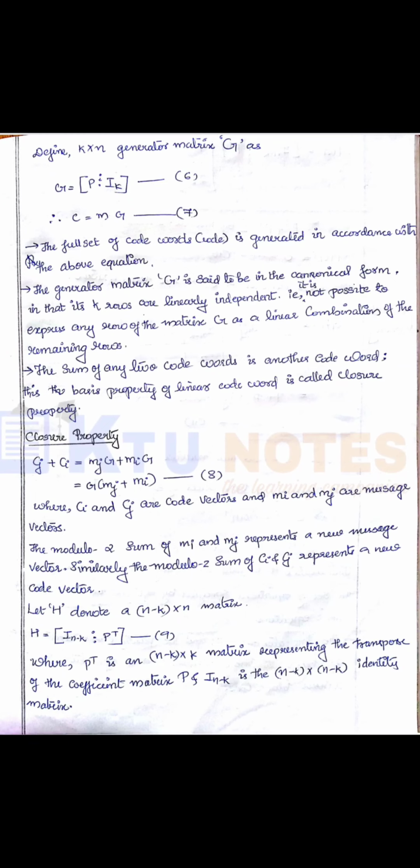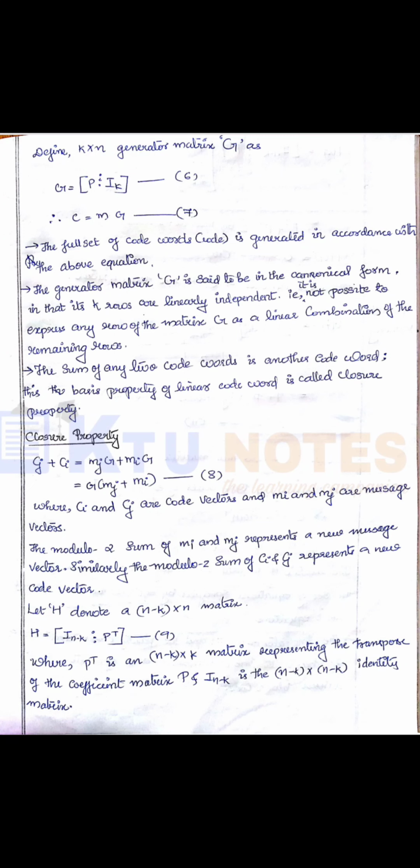Okay, we are converting. So this is k by n. Then for the H matrix, instead of k we are writing n minus k by n. Then H can be represented as, we have represented G as [P I_k], then we are representing H as, I will come here and P will go there, and similarly the size also changes.